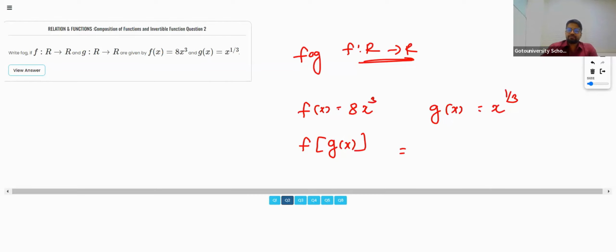So what is it? Let's keep function f. Just first let's open this part, g of x. So I'll write x power 1 by 3, right?